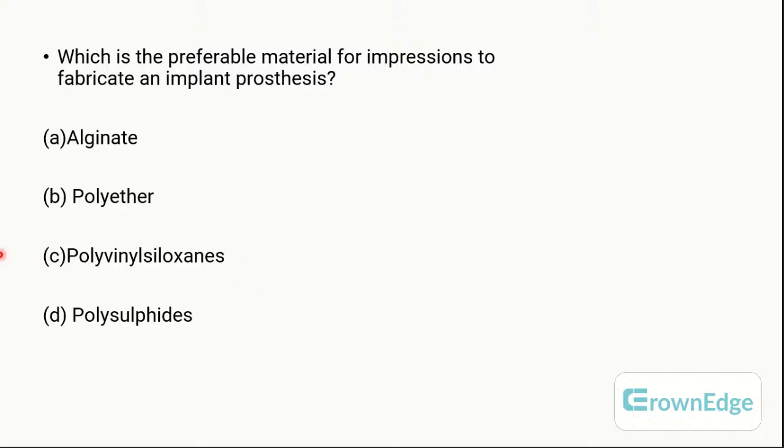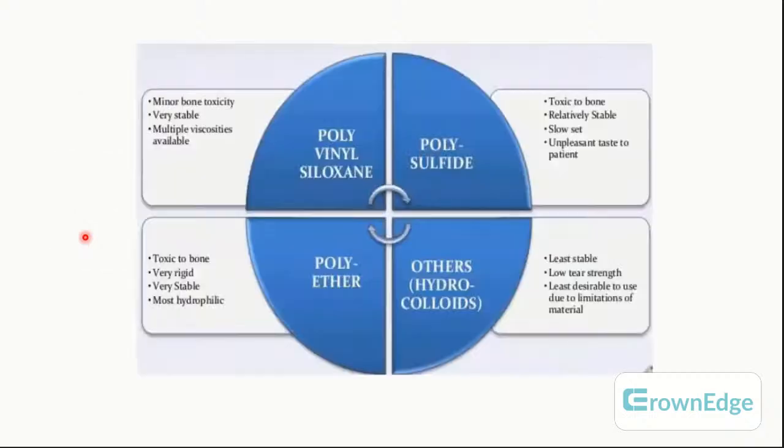Polyvinyl siloxane should always be your material of choice for implant prostheses. We do use alginate, but that is not advisable. Polyvinyl siloxane should be your go-to material. The question is why. Well, the main thing is that it is very stable. Among all your impression materials, it is the most stable material available to you, and it has very little distortion.